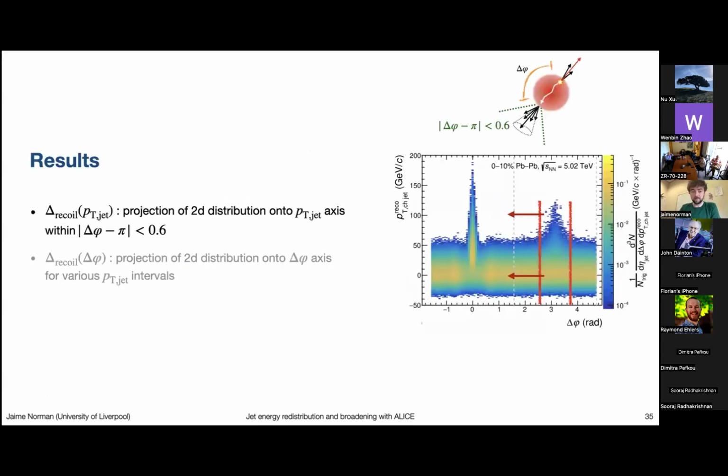Okay, so that brings me to the results section. And here I'll show this in 2 parts. I'll show first the delta recoil measurement as a function of the jet transverse momentum, where we project this 2D distribution onto the jet PT axis in the peak of this back-to-back region, close to delta phi equal to pi.